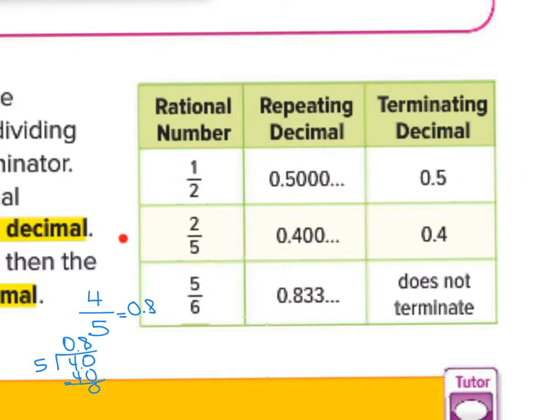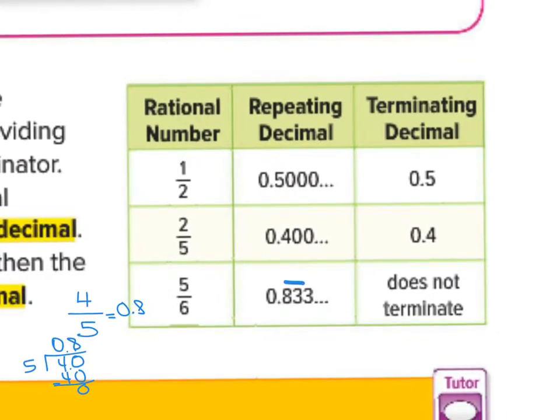Over here, 2/5 is 0.4, 0, 0, we don't need to write these zeros, so we simply write it as a terminating decimal, 0.4. But 5/6 does not terminate. It continues on as 3s, so the 3 would have bar notation. We put a little line above the number to express that it will continue repeating itself, so it does not terminate. This is considered a repeating decimal.